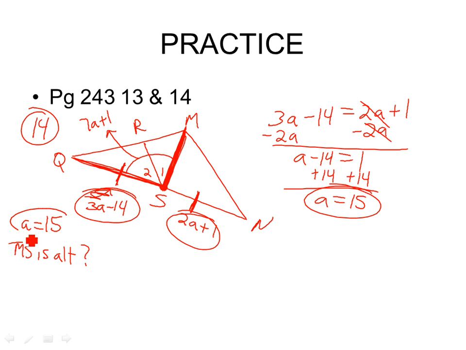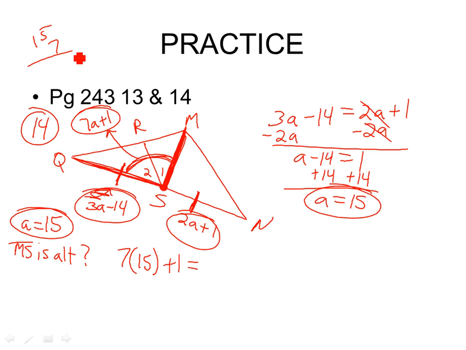So that's half of our answer. Now the way we can decide whether that's an altitude or not: they told us what this whole angle right here was. If it's an altitude, that should be a right angle. So we just plug back in here and see. 7 times 15 plus 1 should equal 90 if it's an altitude. 7 times 15, that's 105, plus 1 would be 106.